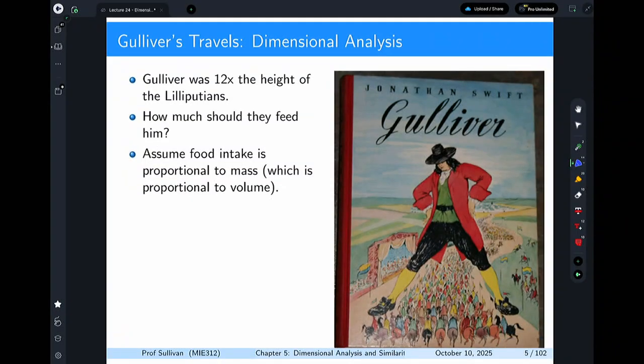Those of you who remember Gulliver's Travels, this is another example where we're looking at Gulliver, who is defined as being 12 times larger than the Lilliputians. And how much do you have to feed him? And how does that ratio correlate to the people who are doing the feeding?